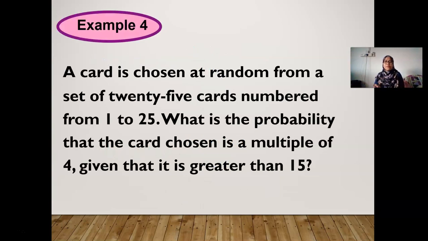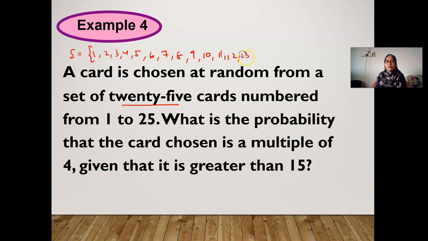Okay, number 4. A card is chosen at random from a set of 25 cards numbered from 1 to 25. So this is your S. S is {1, 2, 3, 4, 5, 6, 7, 8, 9, 10, 11, 12, 13, 14, 15, 16, 17, 18, 19, 20, 21, 22, 23, 24, 25}.